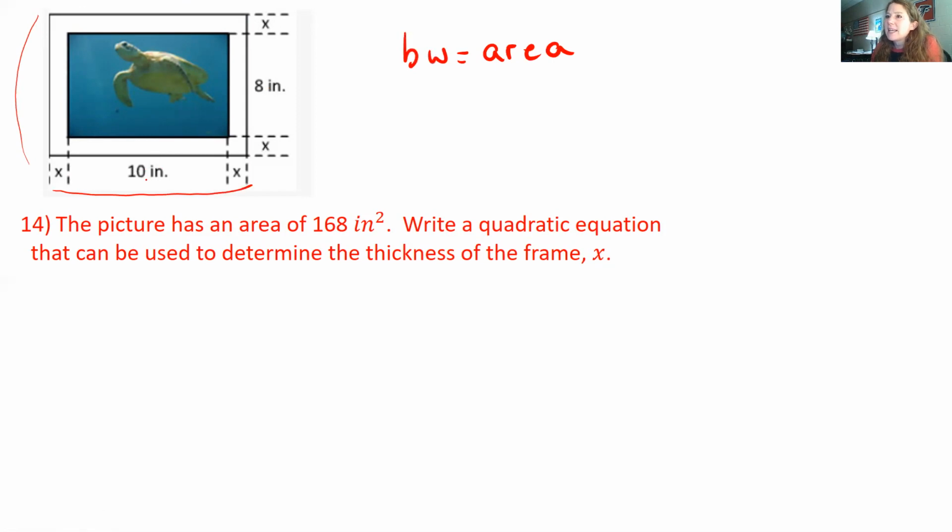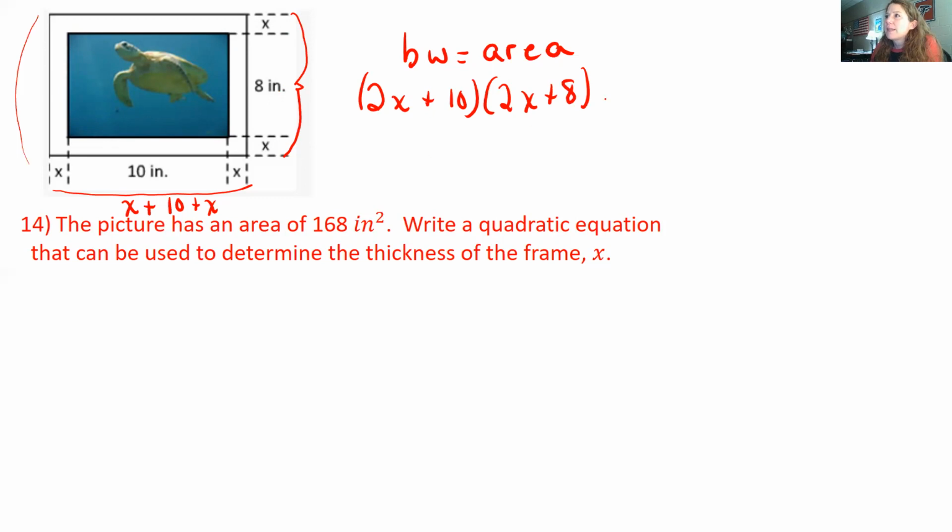It's not just 10, it's x plus 10 plus x, right? So together, that's 2x plus 10. So there's our base. And then our height is not just 8, it's x plus 8 plus x. So it's 2x plus 8, and that's our width, or vice versa.